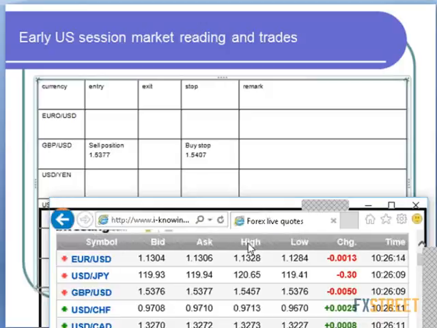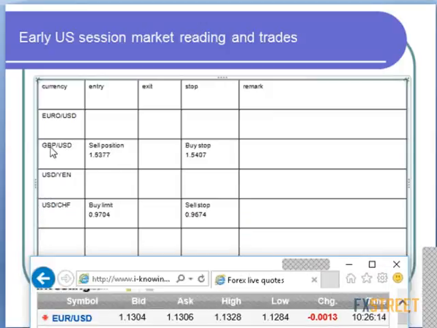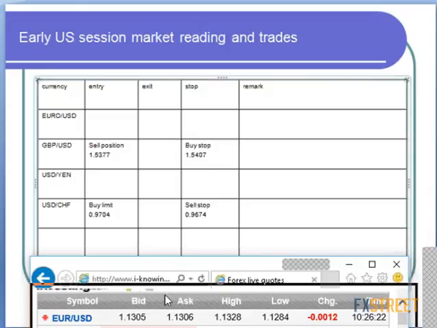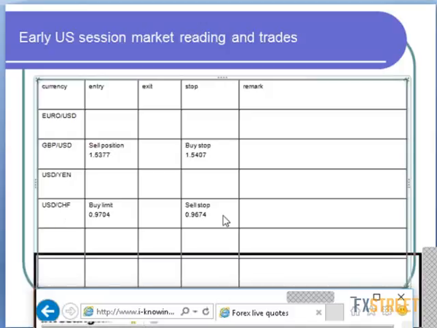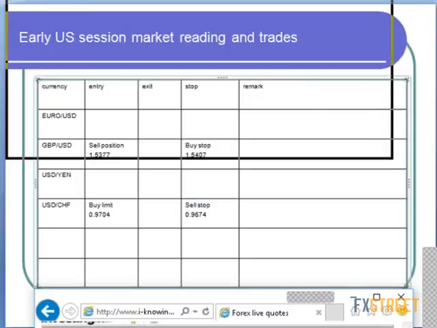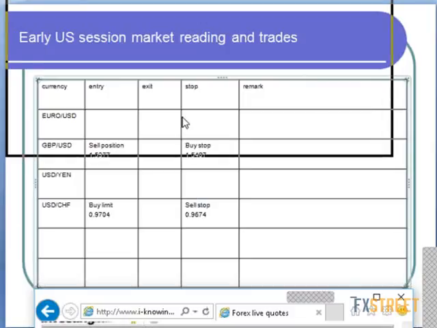So these are all the three positions. One sell I have taken as a position, and two limit orders I have kept. In the case of Euro and USD I avoided taking positions, because not much headway is expected to happen.